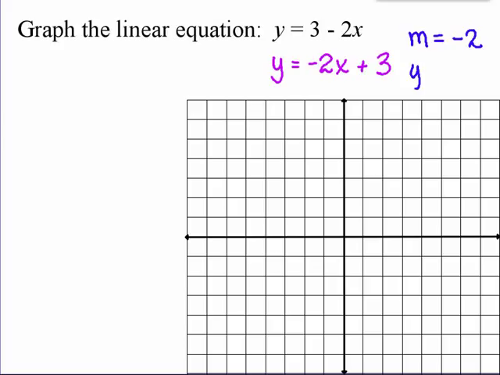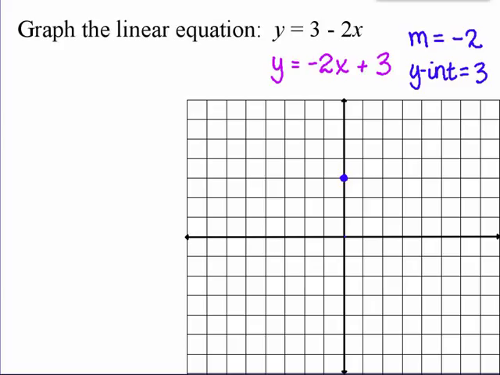And the y-intercept is 3. So I'm going to plot the y-intercept of 3. From my origin at 0, 0, a y-intercept of 3 means you go up to 3 and put a dot. Now we need to graph a slope of negative 2.